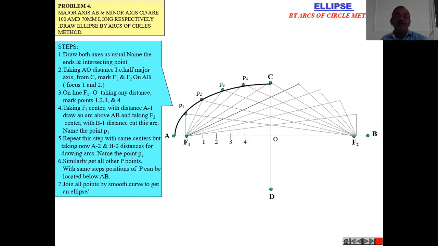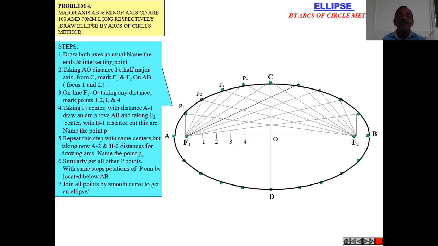Previously you were taking F1 as center for A1 radius. Now you take F2 as center, with A1 as radius. The remaining one is B1, F1 as center, cut the previous arc to get these 4 points. So another 4 points we got in the second quarter, P5, P6, P7, P8. In the same manner, we'll be doing it in the other quarters, all the points to get a beautiful ellipse.